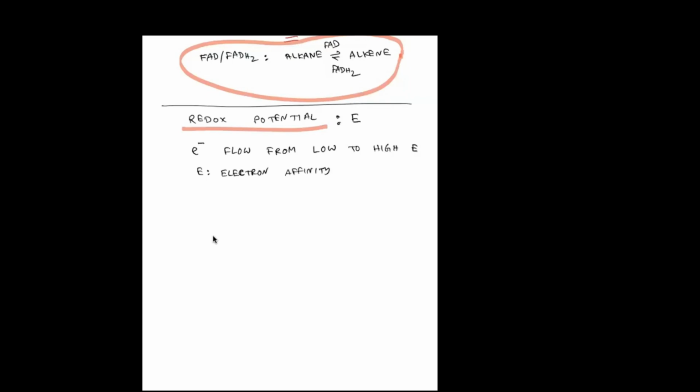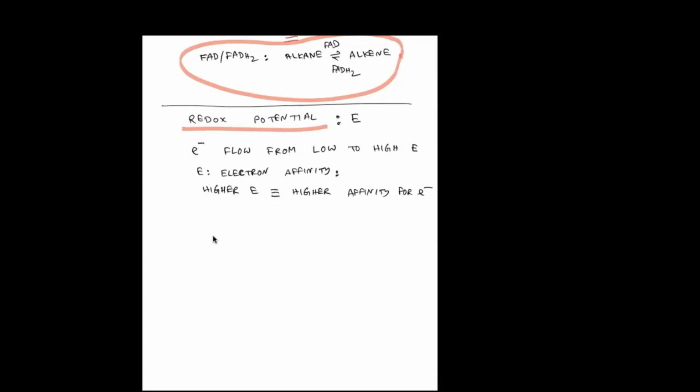It's an electron affinity. So higher E is equivalent to a higher affinity for electrons. Higher redox potential means higher affinity for electrons.